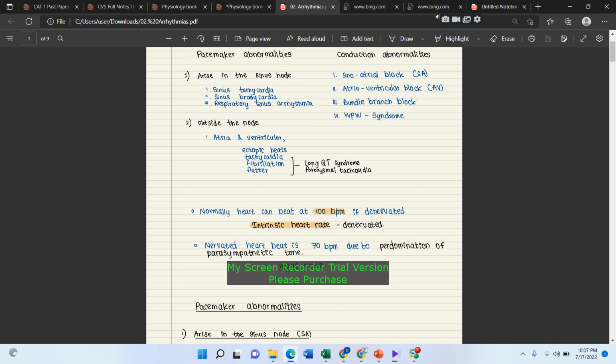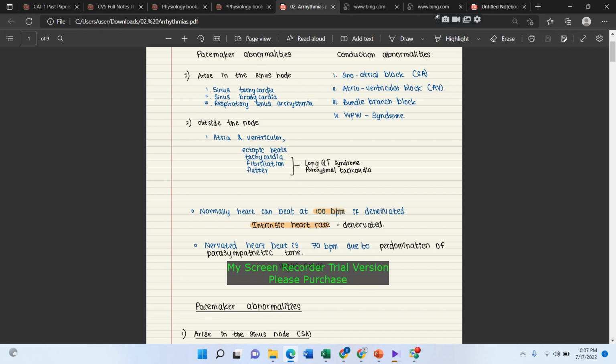If it's denervated, that means the nerve supply from the sympathetic and parasympathetic systems is not given, it can beat at 100 beats per minute, and this is called the intrinsic heart rate.